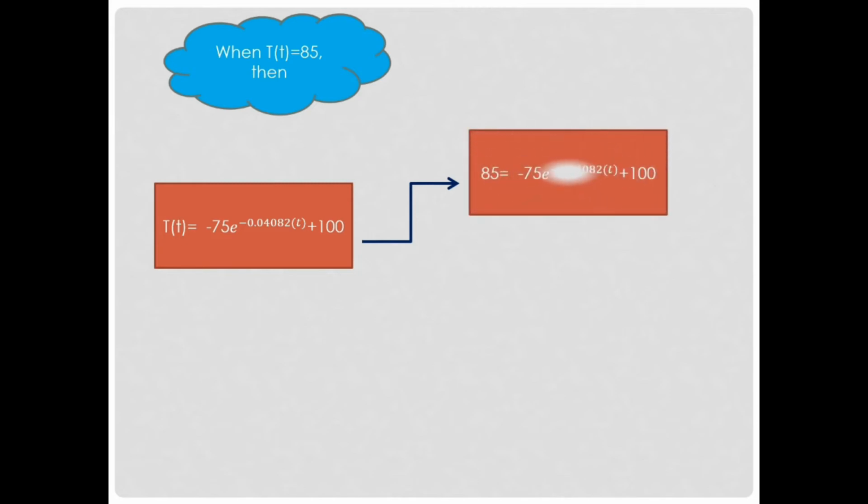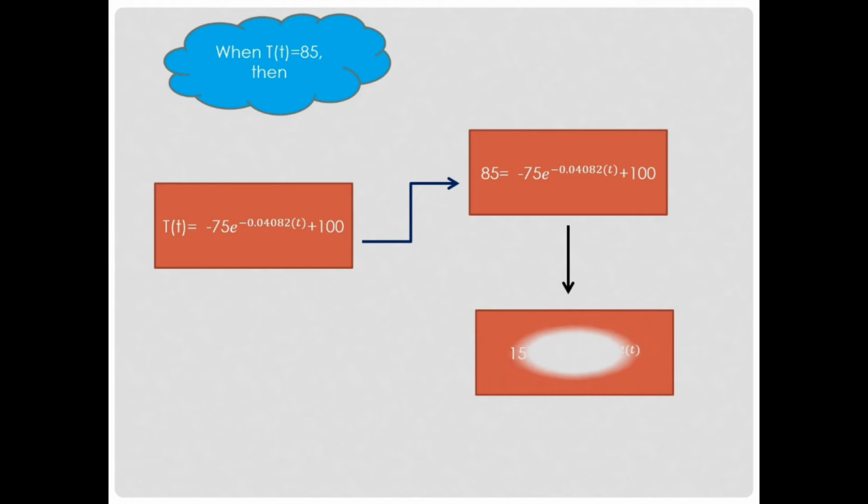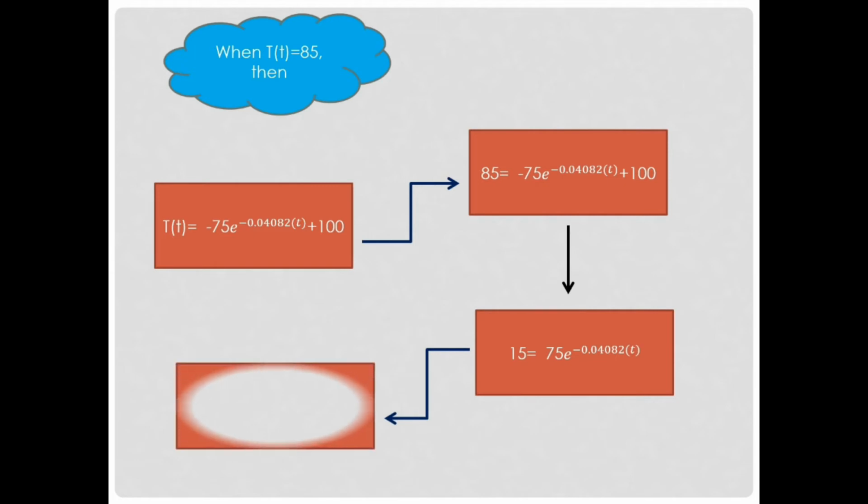Next step, when T is 85, then T equals negative 75 e to the negative 0.0408t plus 100, and we substitute T with 85, and we get negative 15 equals negative 75 e to the negative 0.0408t. We take ln of both sides to cancel the exponent and find the value.